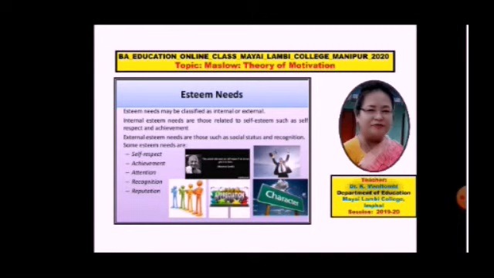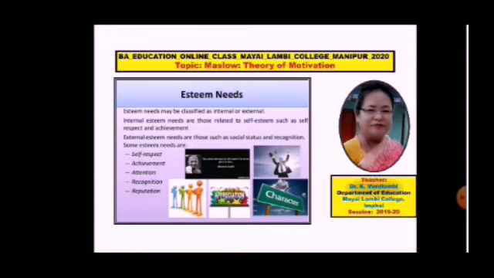Next, the esteem needs. These esteem needs may be classified as internal or external. Internal esteem needs are those related to self-esteem, such as self-respect and achievement.